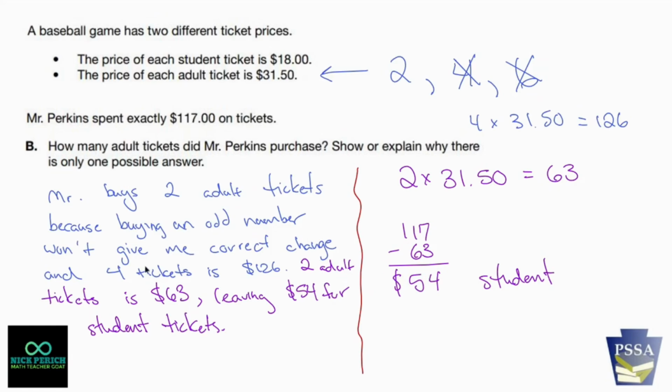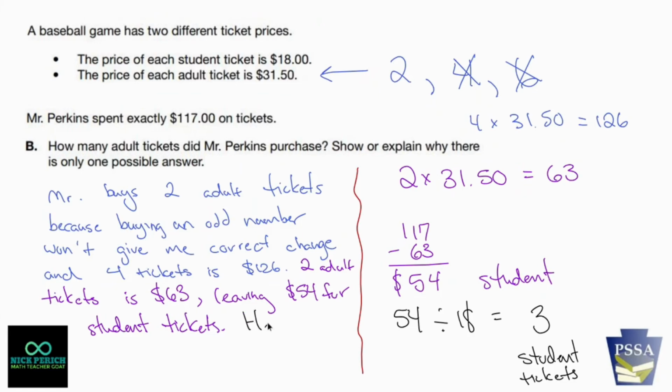Now, how many student tickets? Well, 54 divided by 18, because 18 is how much each student ticket costs, is going to give us 3. So 3 student tickets are going to be purchased.